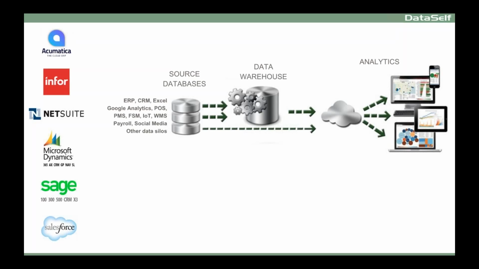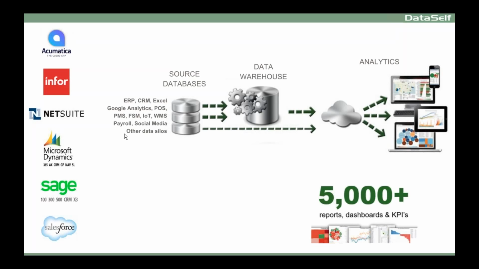Instead of starting from scratch, pulling your financials, your sales, your inventory, your services, and everything else slowly, taking months to years and hiring people to build this, with DataSelf, in a matter of days, we can deliver more than 5,000 reports, dashboards, and KPIs.